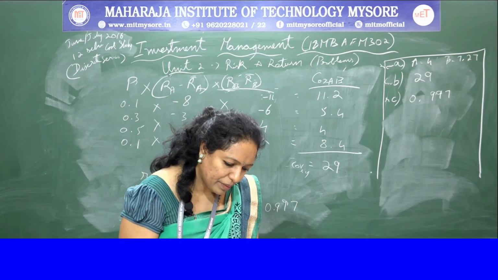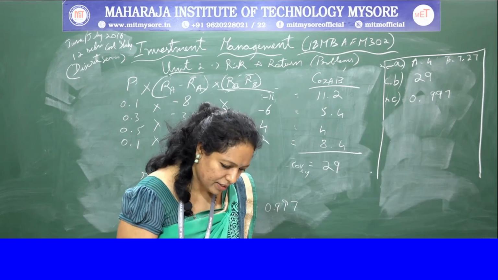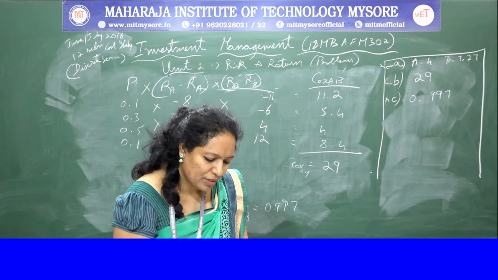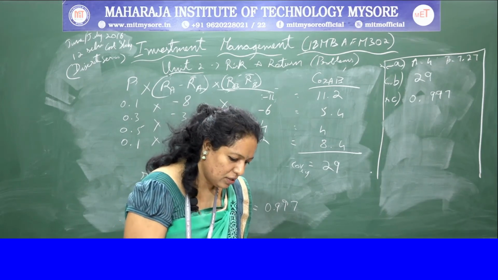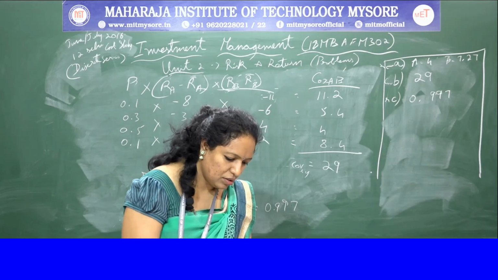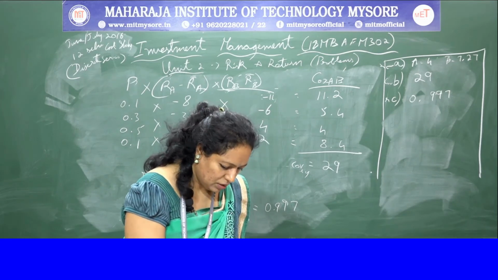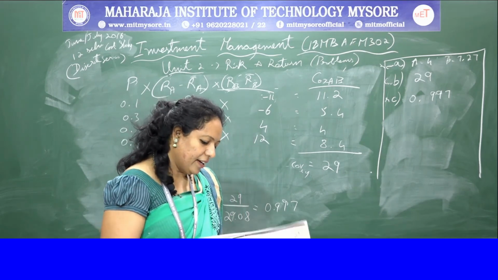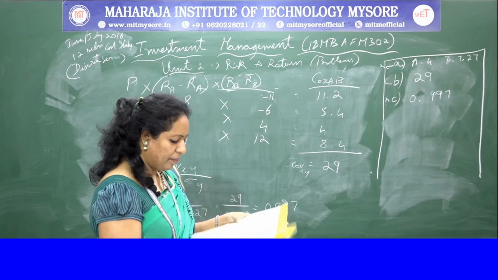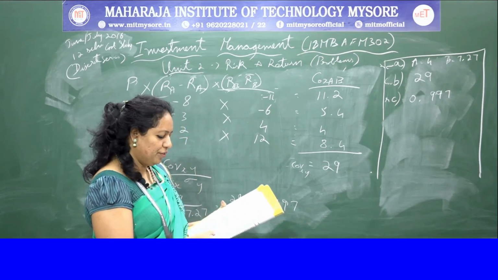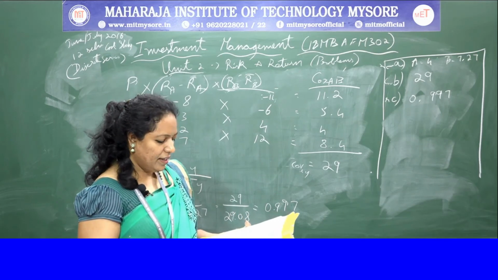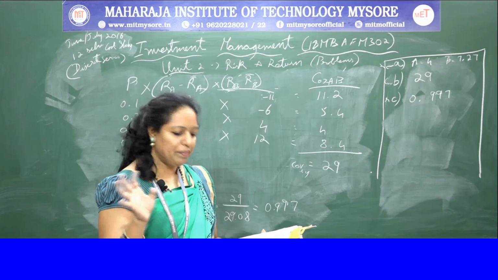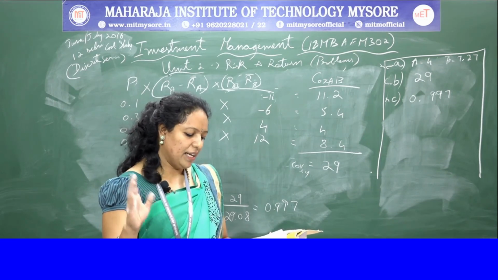Just see the paper you have, July 2007, they have given it for 15 marks. Here they have said, if the two stocks are combined into a portfolio in proportion of 40 and 60%, they have given the names as HLL and SPI. Here they have given A and B.